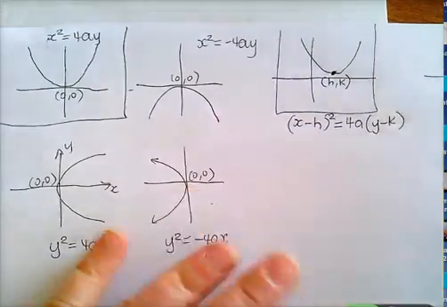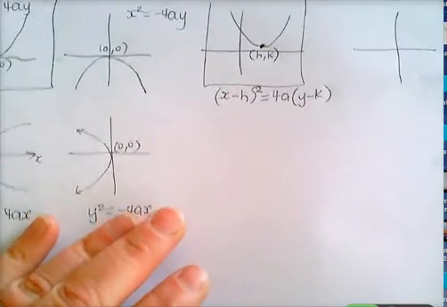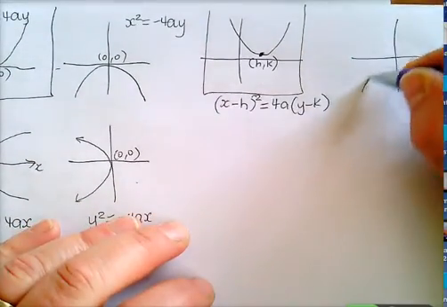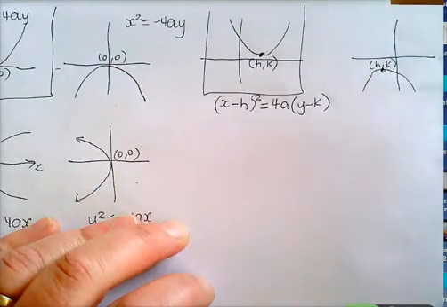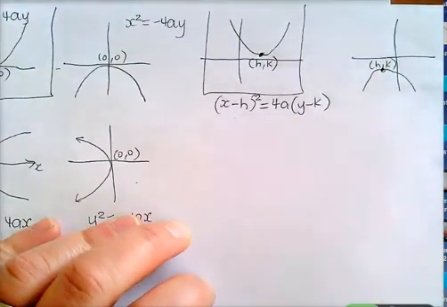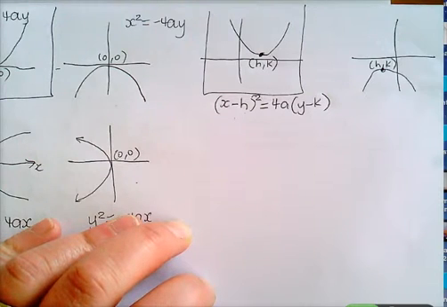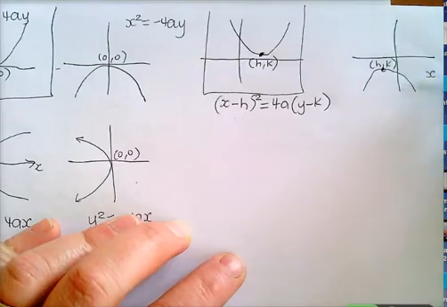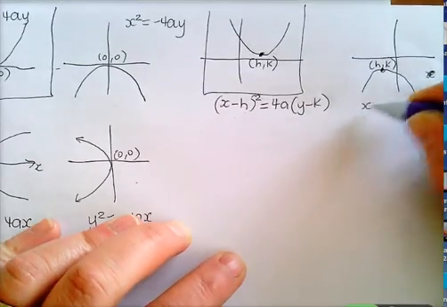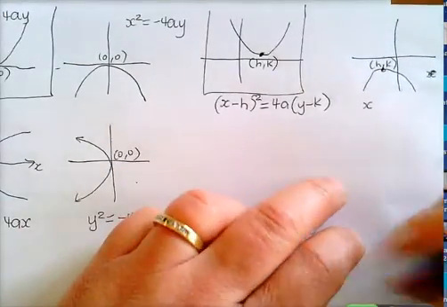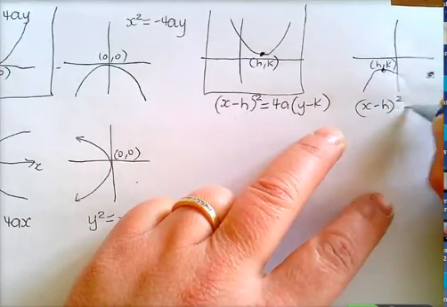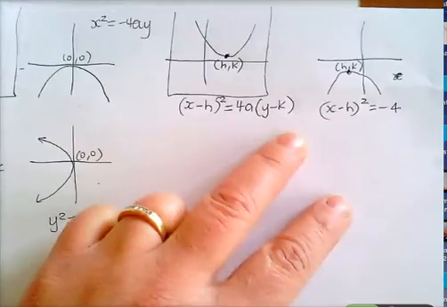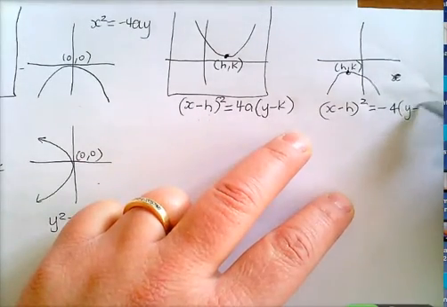Now, the concave down type, I just want you to watch this. Let's say it looks like that, and that's H, K. This is the concave down type, which would be x squared equals minus 4ay, but there's been a shift. So we don't write x squared equals minus 4ay, we write (x minus h) squared equals minus 4a(y minus k).